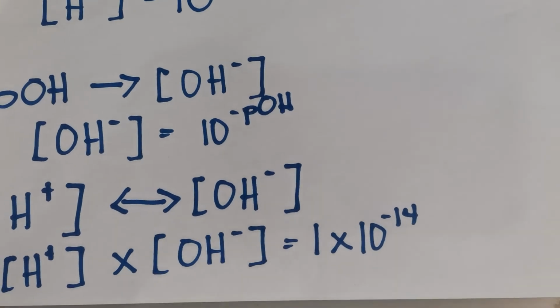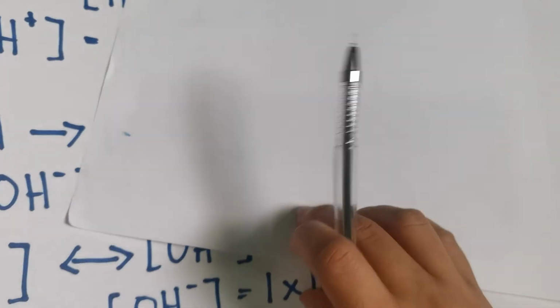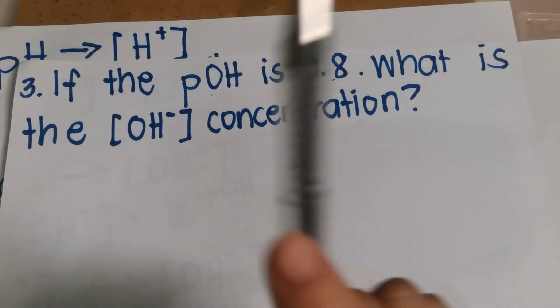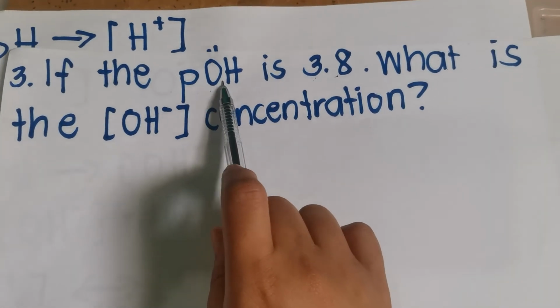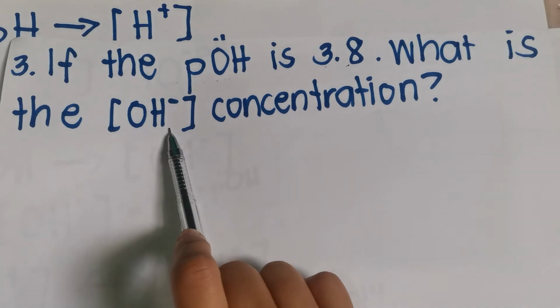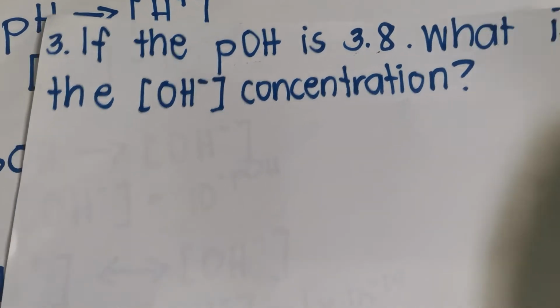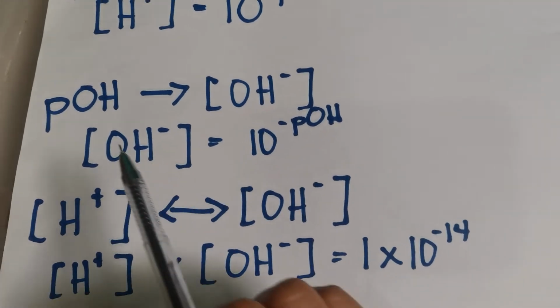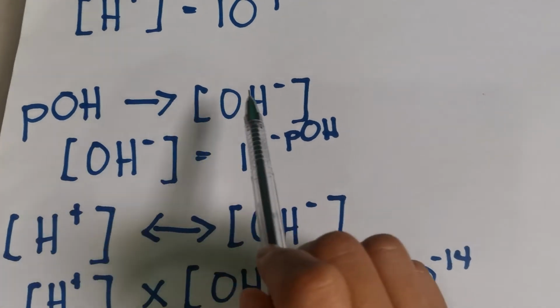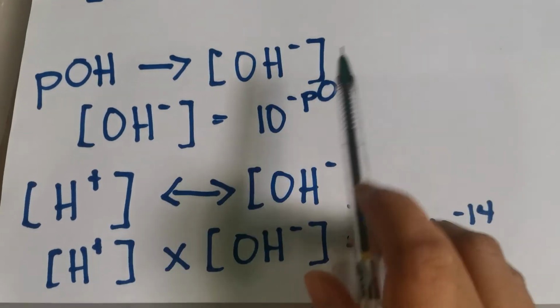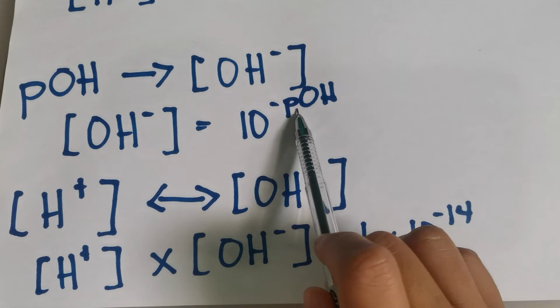So now, let's go back to the formula. It says here that we have the given pOH and we need to find the OH negative. So pOH to OH negative. It means we are going to use this formula.